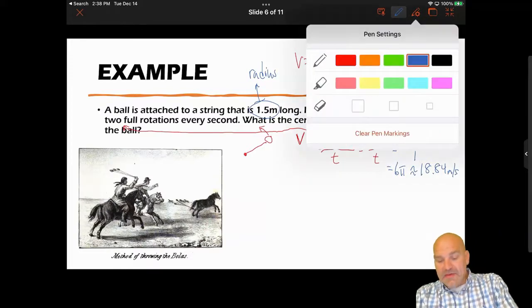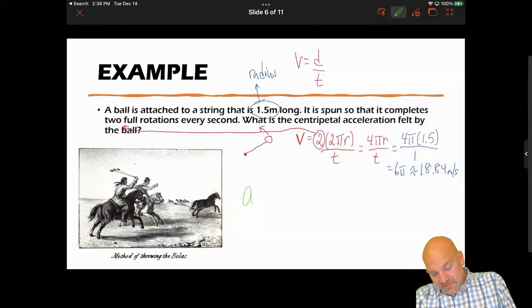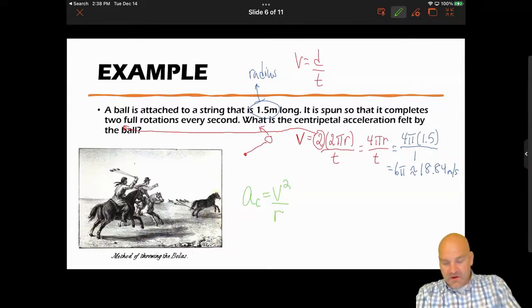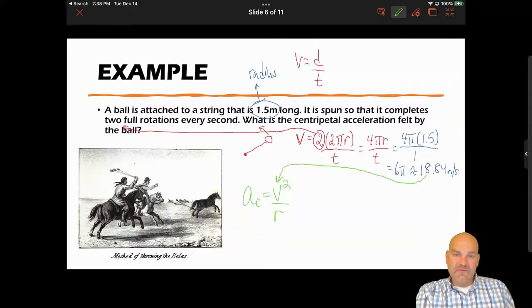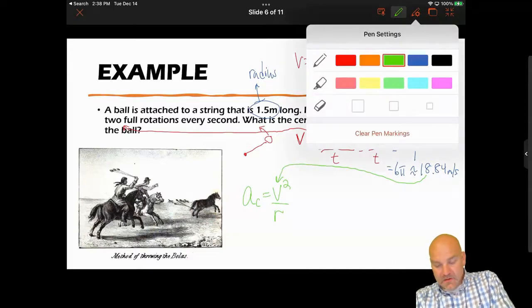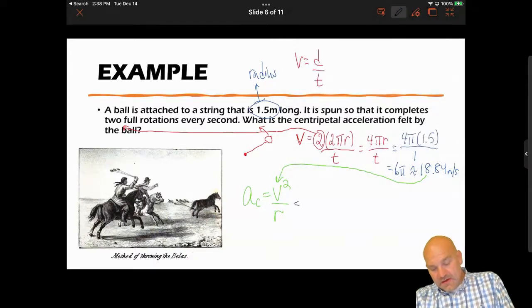Now, I need that because if you remember the equation for a_c, the centripetal acceleration is v squared over r. And so that 18.84 is going to get plugged in right there for my velocity, or my speed. So I'm going to do 18.84 squared.